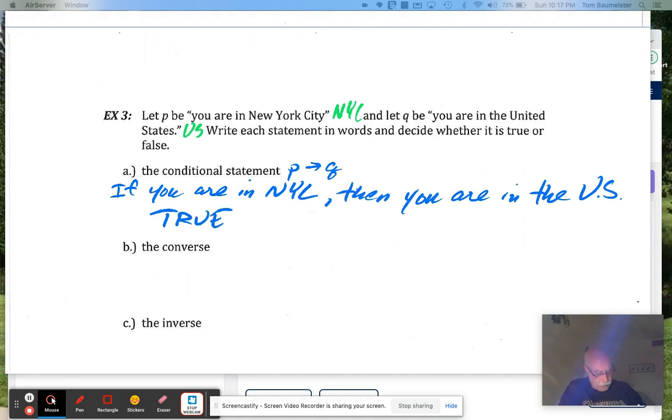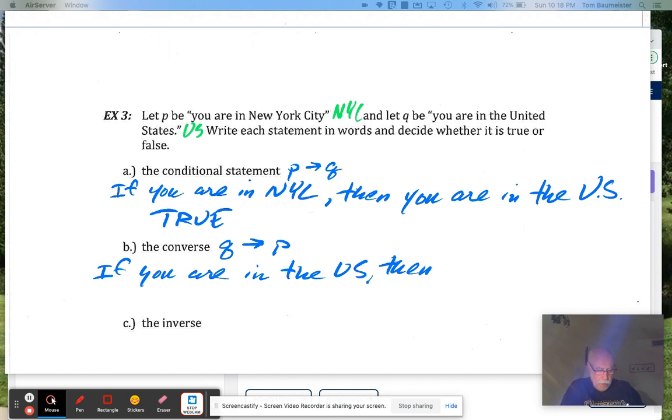Okay, the converse is again Q implies P. So then we could say, if you are in the United States, then you are in New York City.